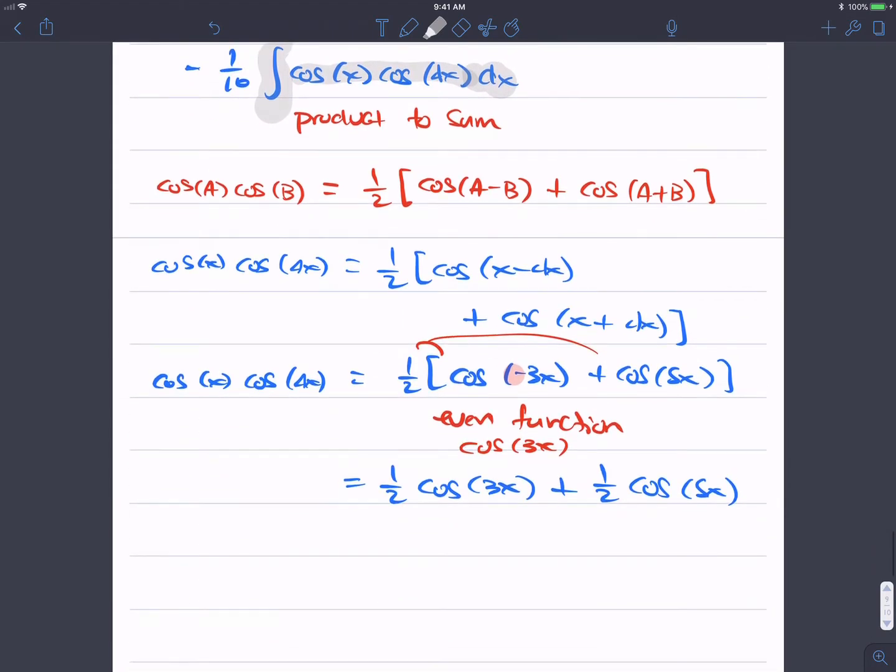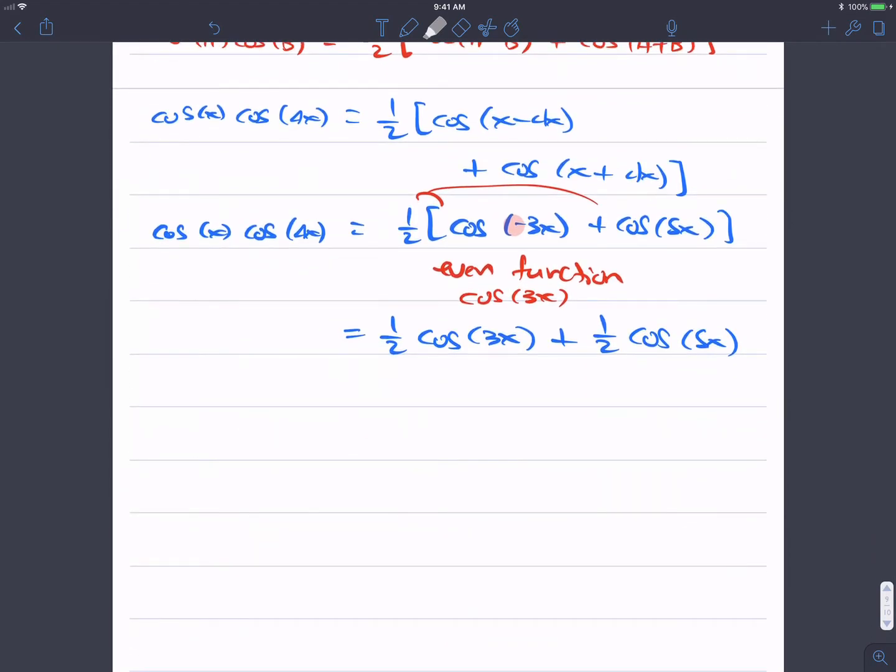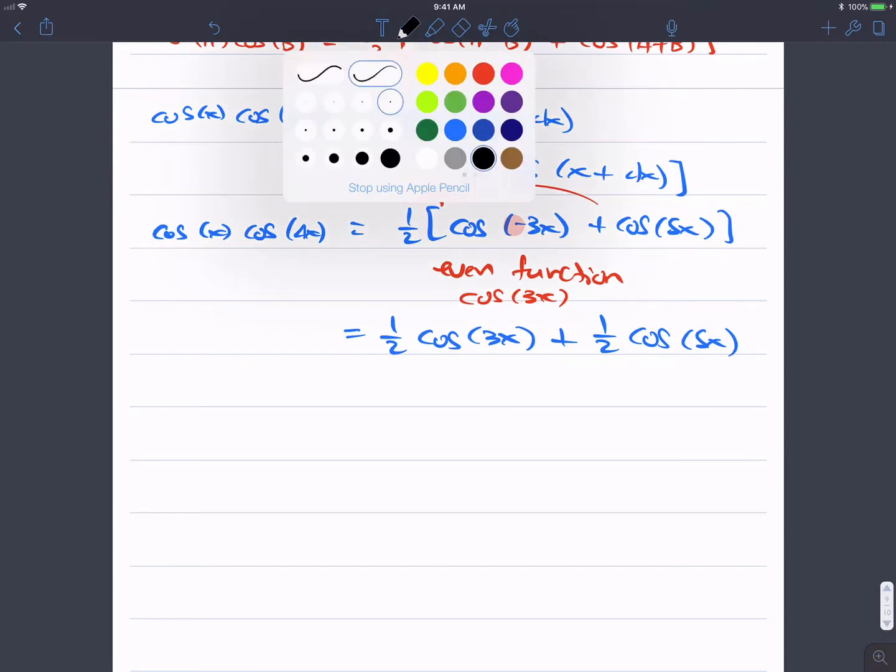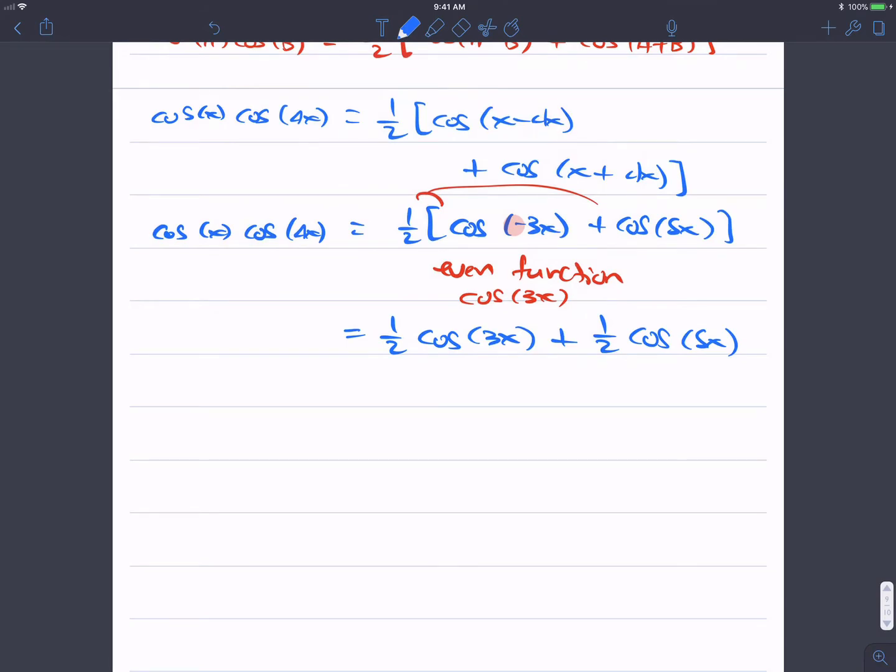So let's actually integrate that. That integral really becomes, let's write every step, the integral of 1/2 cosine 3x plus 1/2 cosine 5x dx.